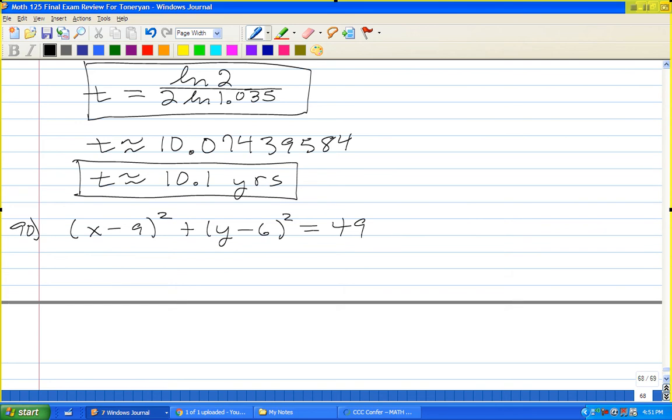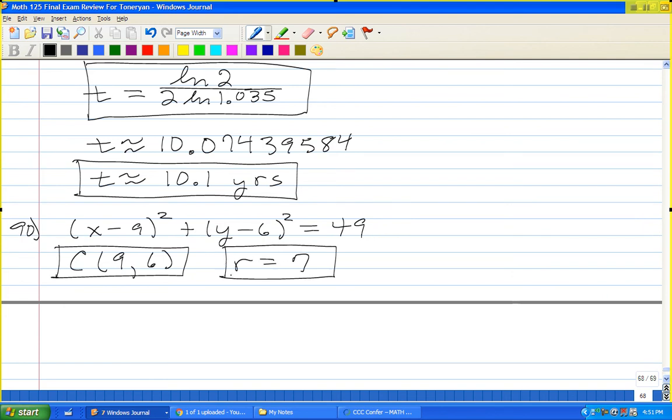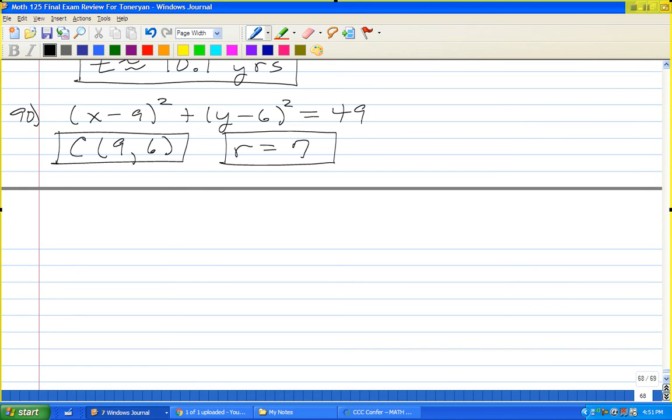So the center of the circle is 9, 6. The radius of my circle, square root of 49, is 7. Let me do problem number 91.